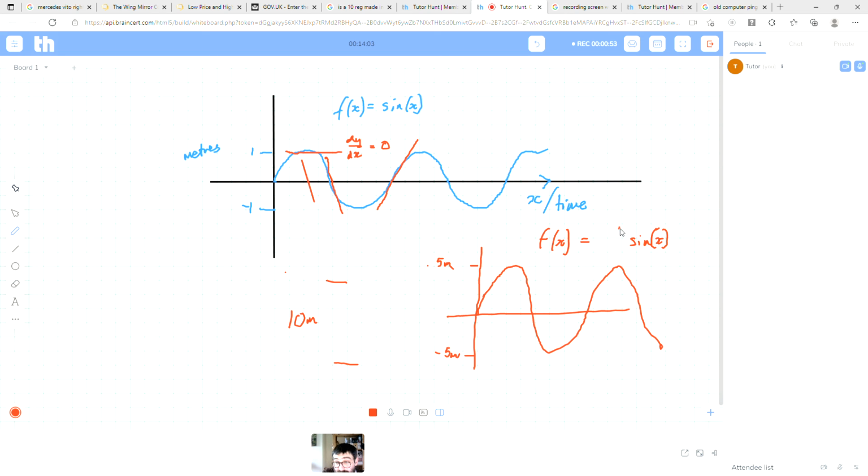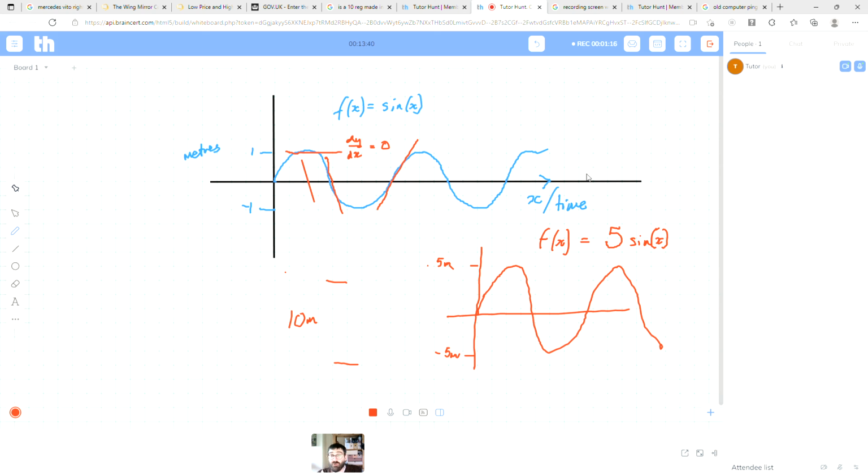Okay? And I've now created a sine function that sketches out for me the undulation, the oscillation of the sea in a tide where the high tide and low tide difference is 10 meters.